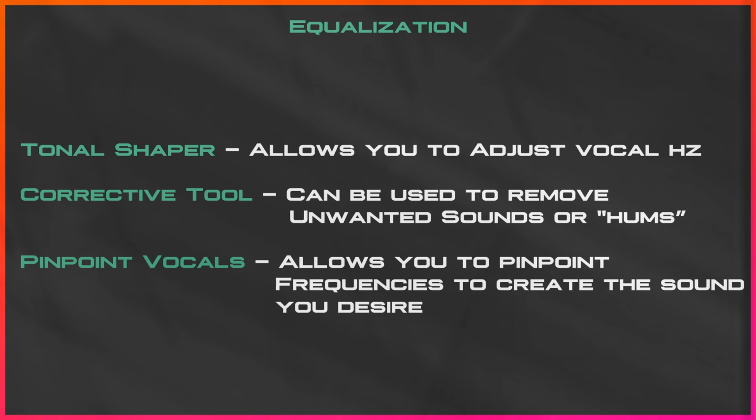Now, in a sense, EQ is an enhancement tool or a corrective tool. You can target specific frequency ranges. For instance, a humming noise in the background like a heater or a fan. You can target those specific frequency ranges and cut them out of the end product so people don't hear that coming out of your microphone.